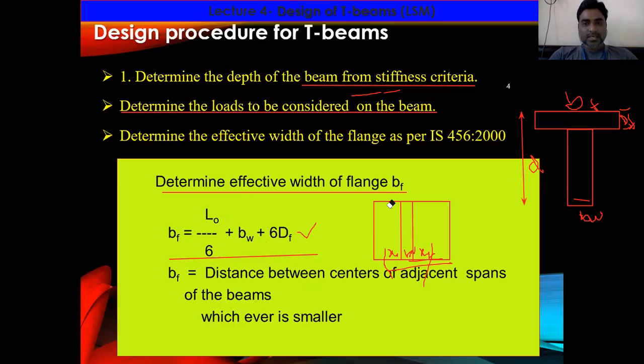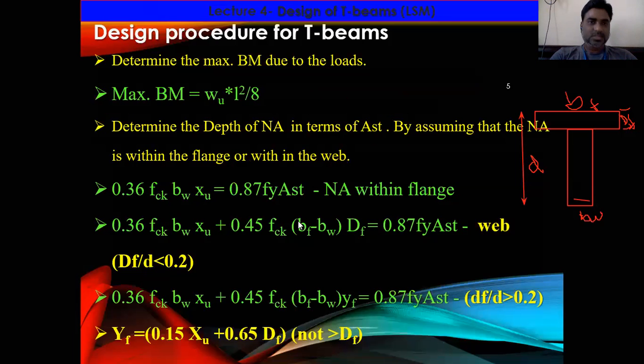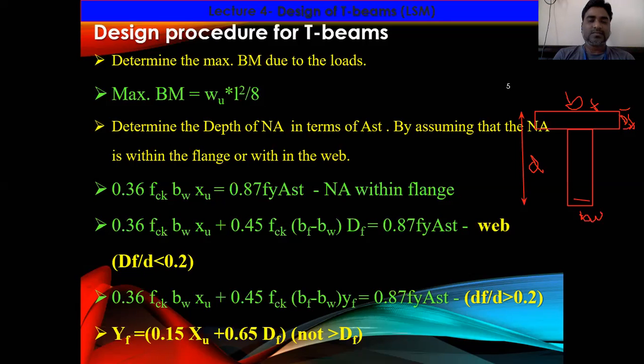After determining the effective width of the flange, then determine the maximum bending moment due to the factored load. That is, the maximum bending moment for a simply supported beam is Wu L square by 8.